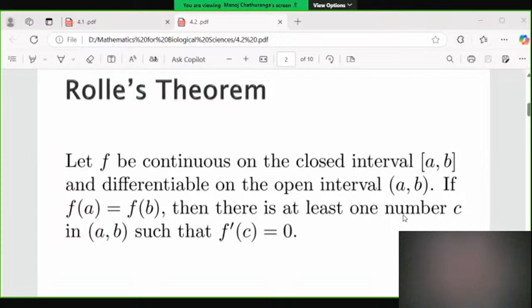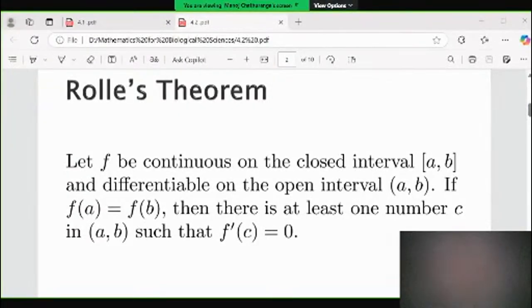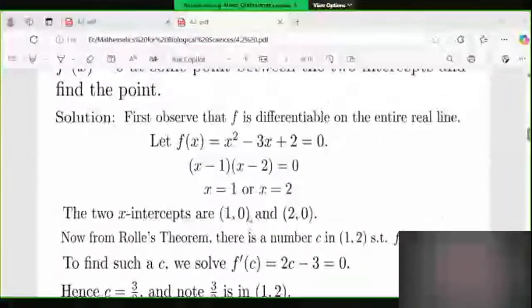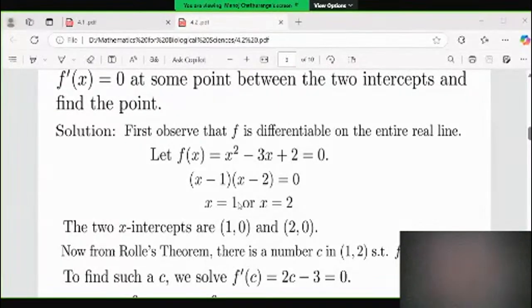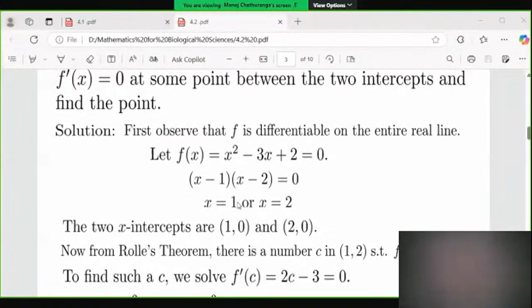In that case, there will be a zero of the derivative in that interval. So here we found that at 1 and 2 the function values are equal, therefore it has a zero in between 1 and 2.